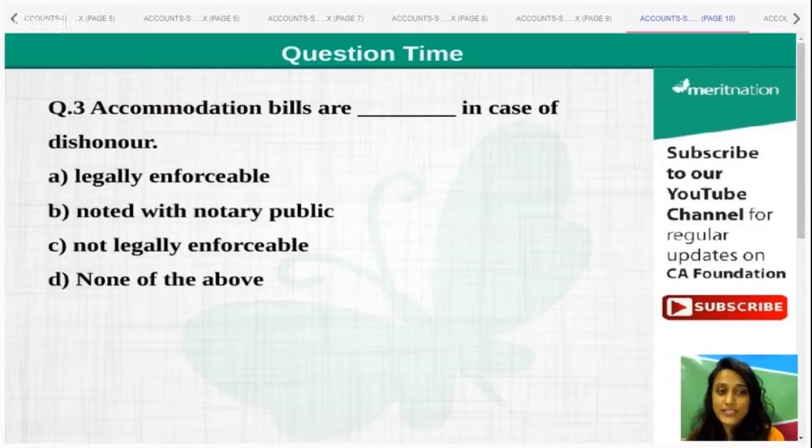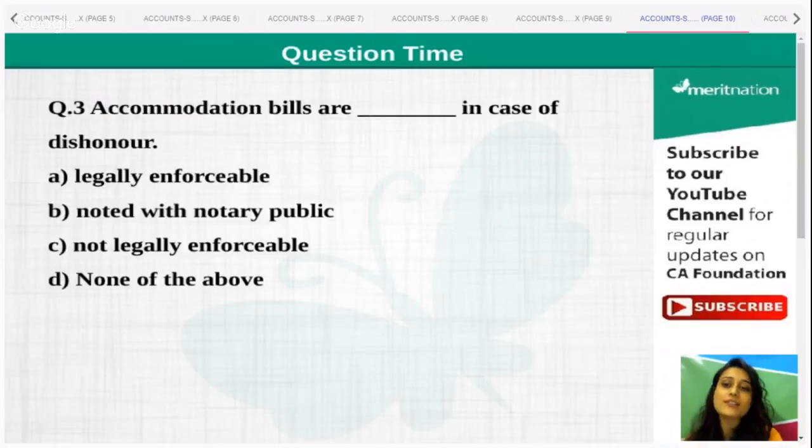I'm still waiting for the right answer. What should be the right answer here? C, C is the right answer in this case.